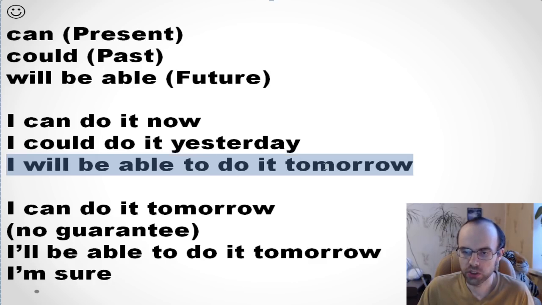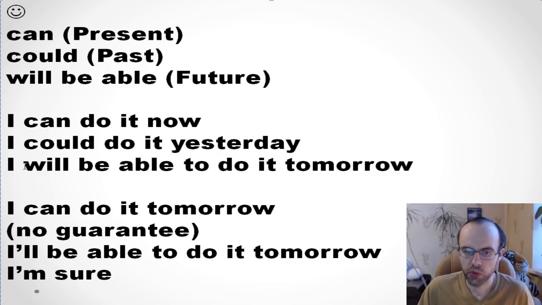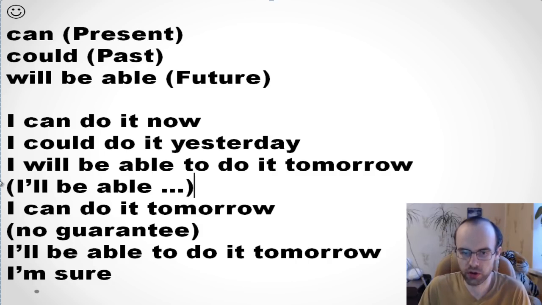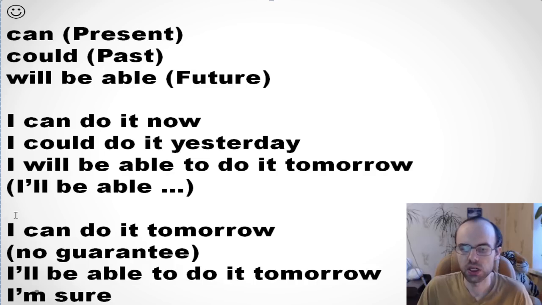And when we talk about the future, we use this structure. Remember, will be able. I will be able to do it tomorrow. Or we can use its short form, I'll be able to do it tomorrow. It's a very useful expression.